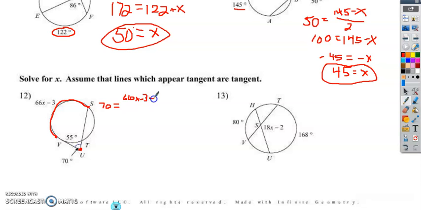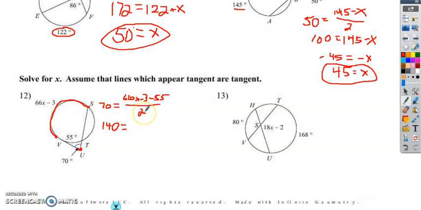But then it has to be a minus 55, so I'm also taking away 55, and then that's divided by 2. First thing, I'm going to get rid of that 2 by multiplying both sides by 2. I showed that in the other problem, so I'm just going to talk you through it. That's where I'm getting that 140.